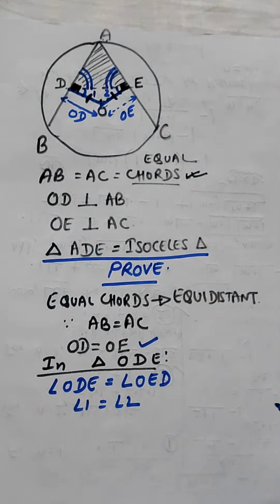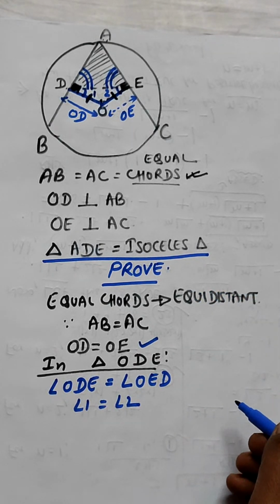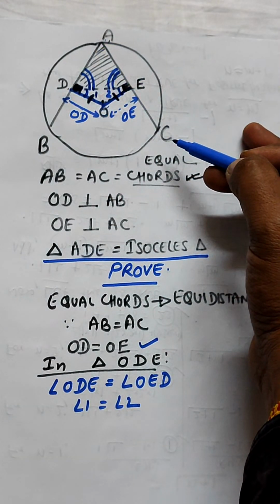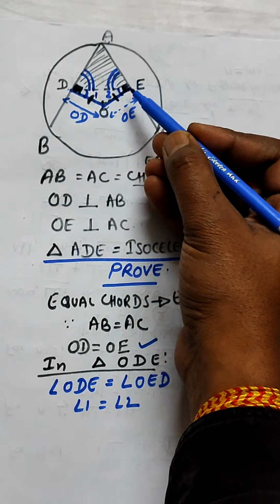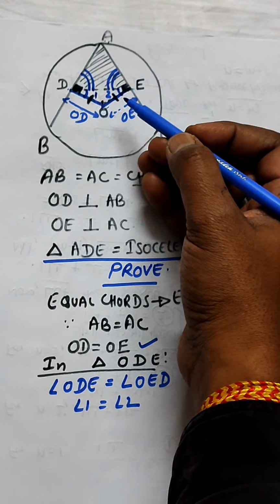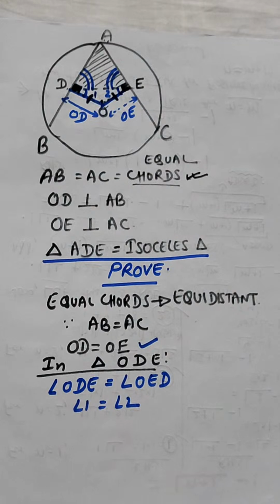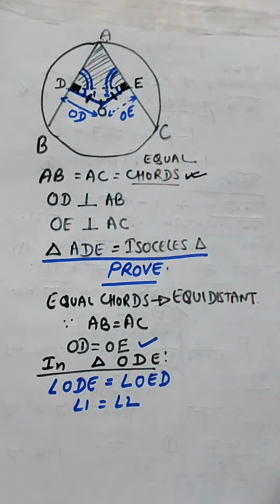Are you able to understand? I want to explain it again. Okay. AB and AC are two equal chords. OD is equal to OE, chords equidistant from the circle. Now, what is the next? The next thing is that angle 1 will be equal to angle 2.